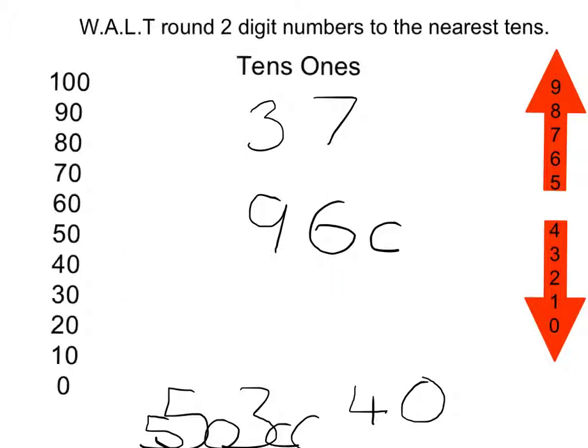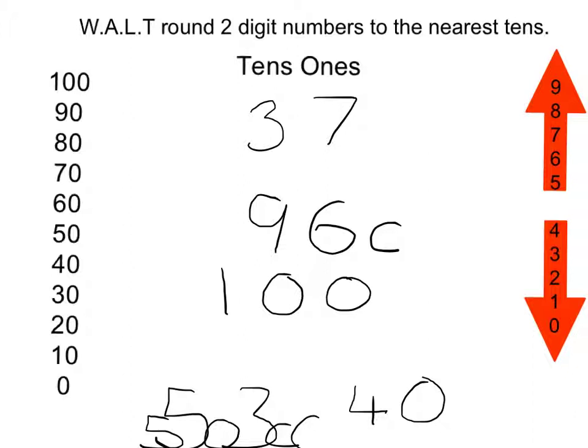So the shopkeeper would round that up, and 96 rounded up to the nearest 10 would be $1, or 100 if we're rounding it up in numbers. So not so good for the person that's paying the money, but quite good if you're the shopkeeper.